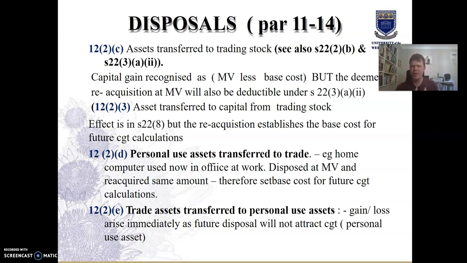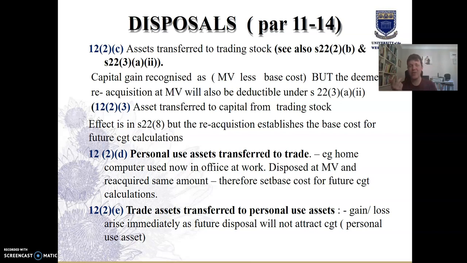Okay, but now you're acquiring it as trading stock. So you would think this would normally be a Section 11A, but because there's no actual expenditure, it can't be a Section 11A. So SARS will let you include it under Section 22(3), which will basically stick it into opening stock and allow it to be a deduction. So that's if something's going from capital to trading stock.